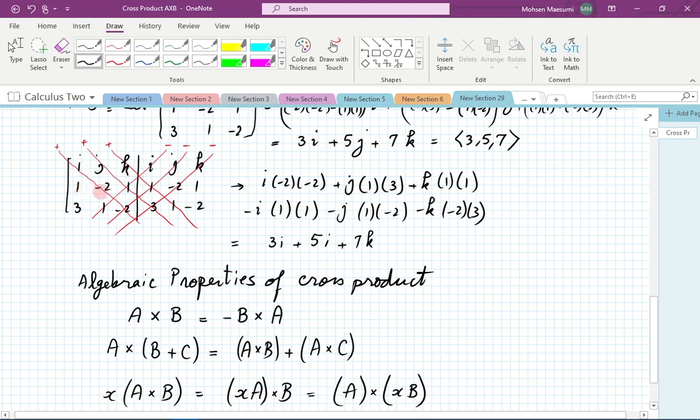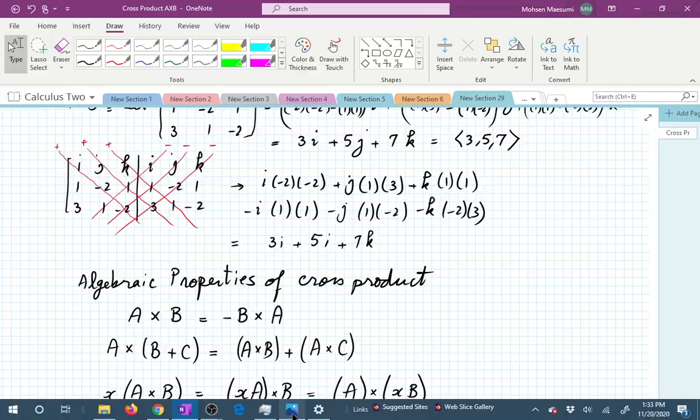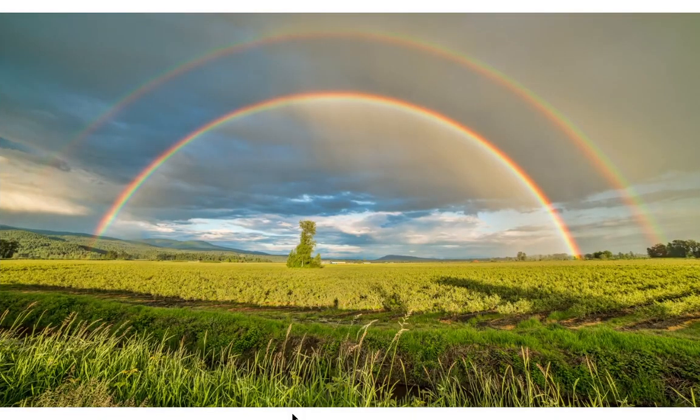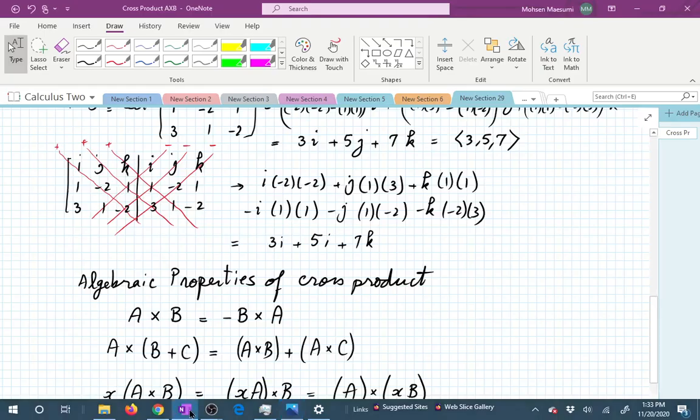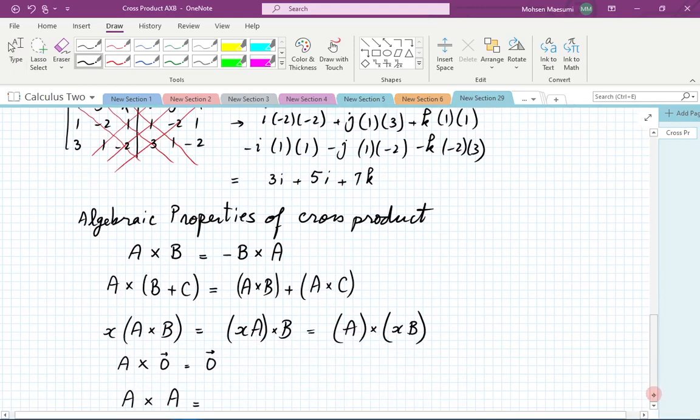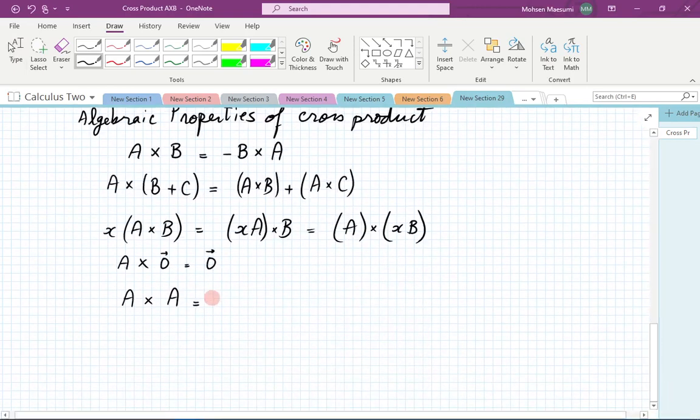Just write 1 minus 2 1 and 1 minus 2 1, same set of numbers. So it's a good place for you to practice this and come back. That's a 1-minute exercise. What's a cross product of a vector with itself? Surprising answer, it comes out of one of the properties of determinants, and the answer is 0.